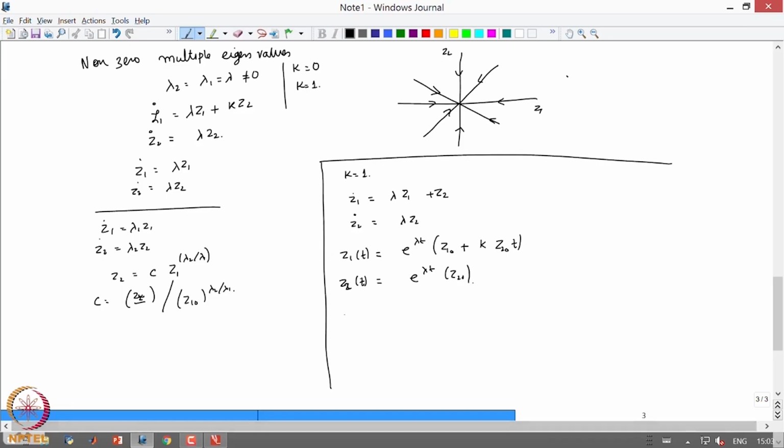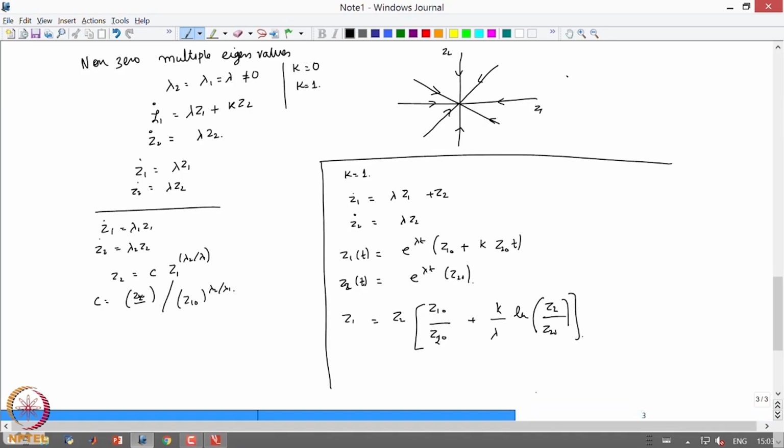Of course, if I just want to write it in terms of z1 and z2, that will simply be z1 is z2 times (z1 of 0 by z2 of 0 plus k over lambda times log of z2 by z2 of 0). Okay.